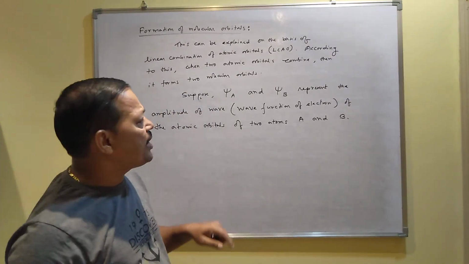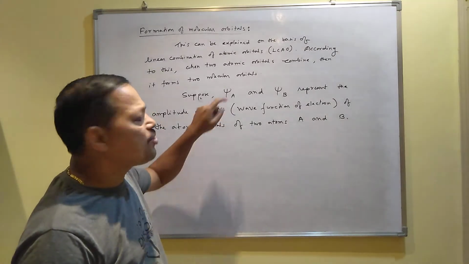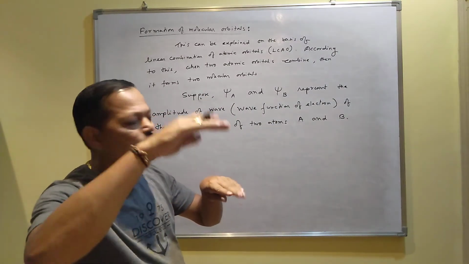So what is wave? As you know, electrons always have wave nature. So the electron of A has one wave, and the electron of B also has one wave.